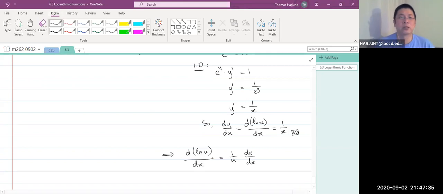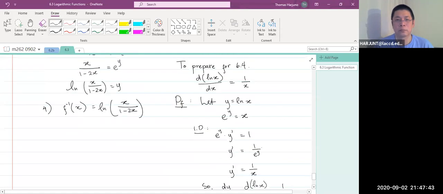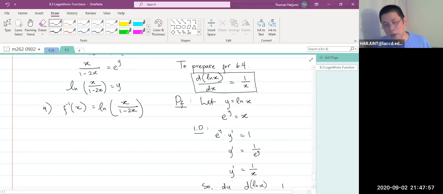Okay, that's one big thing we will apply on Wednesday next week. So next week, when we start the class, we basically do derivative of natural log right away. And then we go on further to the integral and logarithmic differentiation.